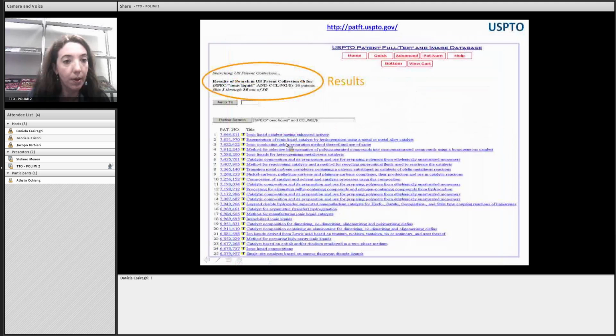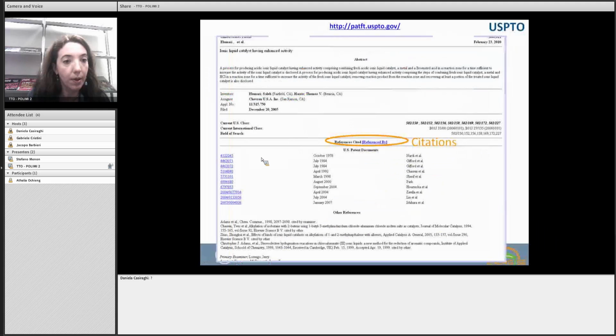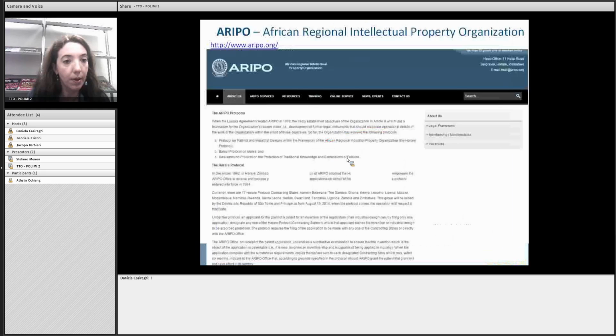When I'm searching, I find a list of results, a list of patents containing these keywords. If I'm clicking on one of the titles, I can find the bibliographic data, the abstract describing the topic of the patent, and I can find the citations that this patent supplies for other patents. So I can enrich my search.